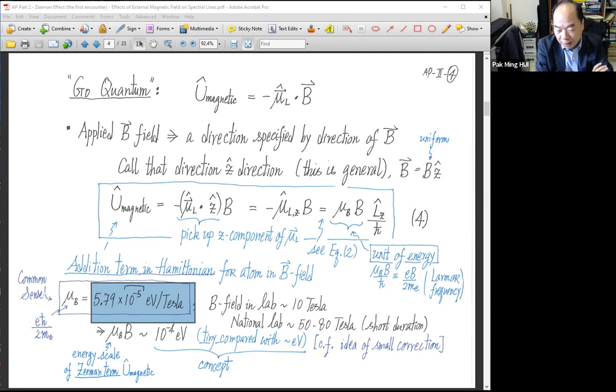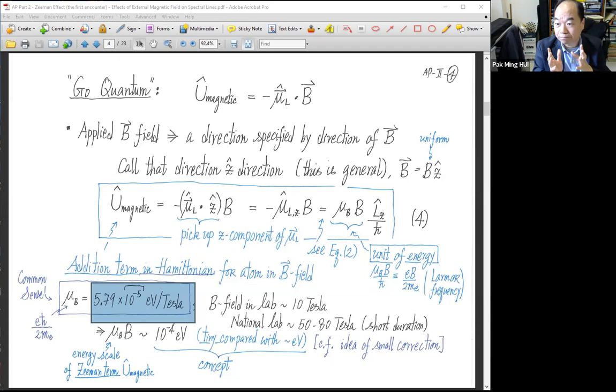Given that you have money to buy a 10 Tesla magnetic field, people won't like it to be nearby. We have one, I think, maybe up to 8 Tesla in one lab in the department. So even if it is 10 Tesla, you multiply into it. So we are looking at a correction term of the order of magnitude of 0.001 eV.